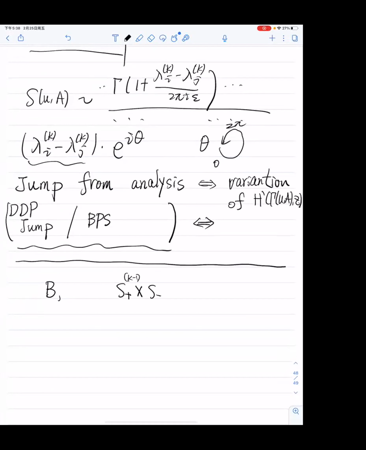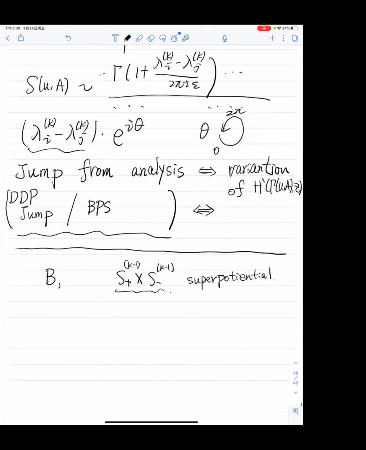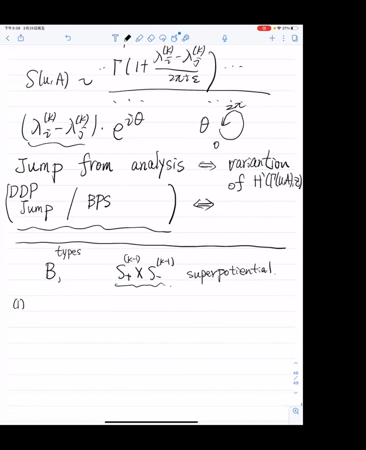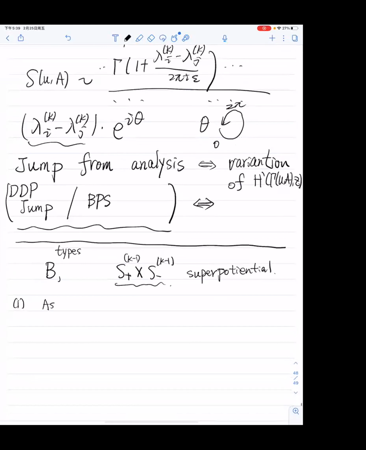I'm not sure if in Philip's talk he talked about this moduli space of meromorphic connections with arbitrary poles. There is a notion of superpotentials and so on. But one important thing in my talk is that we need to at least understand the analysis in some region.